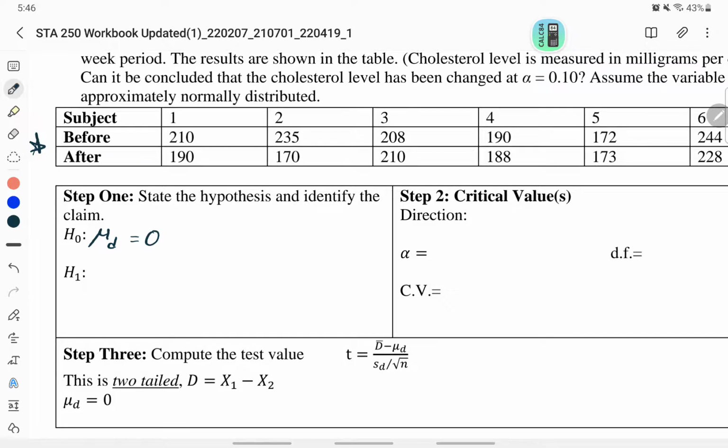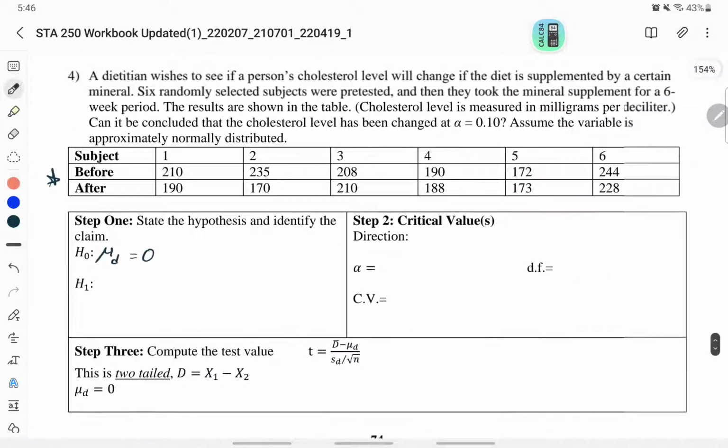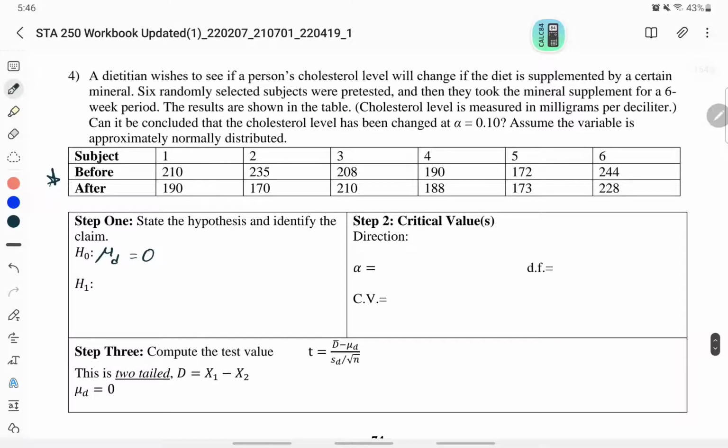The alternative hypothesis states that there is a difference between the scores, and then we must find the direction of our difference. If we read the question, it says, can it be concluded that cholesterol levels has been changed at alpha equals 0.10? When it is changed, the direction isn't specified. So there's going to be mu sub d does not equal 0. And that is the claim.